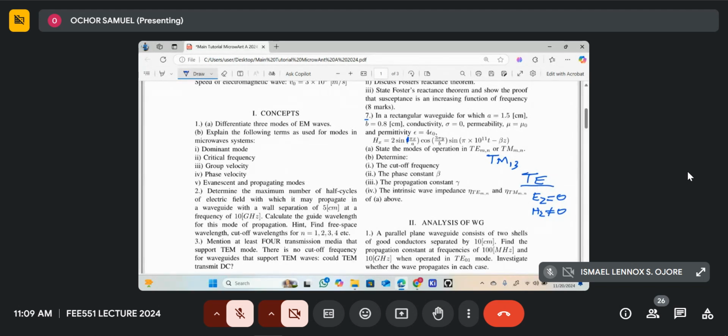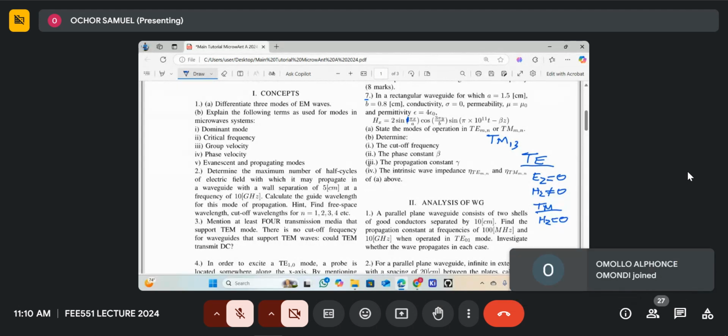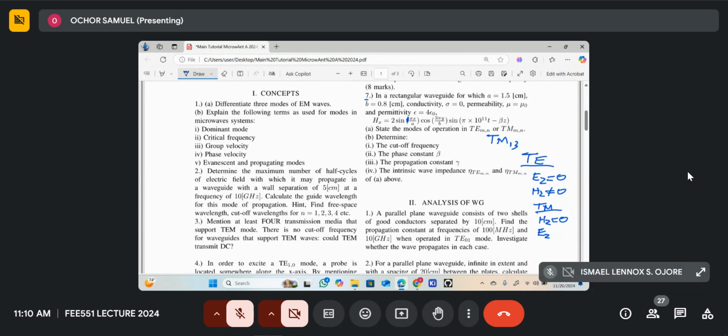Transverse electric, the electric components are found on the transverse plane. And for TM, this is transverse magnetic. So we have Hz is 0 because the transverse component of the magnetic field, let's see, Ez. Just a minute.